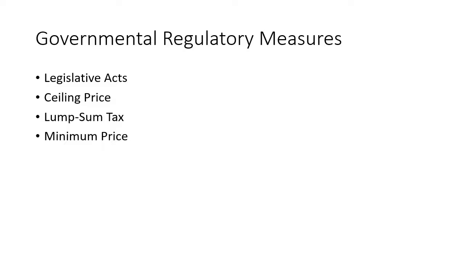The final section of your book talks about some governmental regulatory measures that have been taken to prevent both oligopolies and monopolies from having a super negative impact on our economic health, because as you saw before, the deadweight loss is something that we really want to prevent in order to maintain our economic health. So there are legislative acts that have been passed.